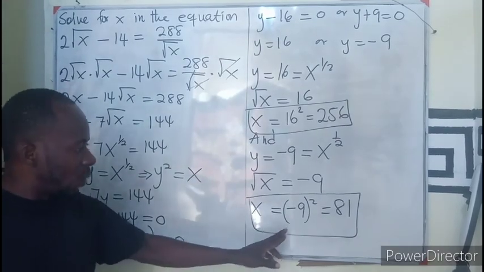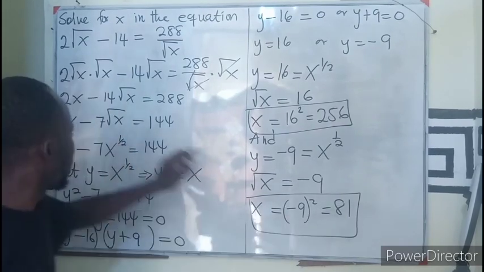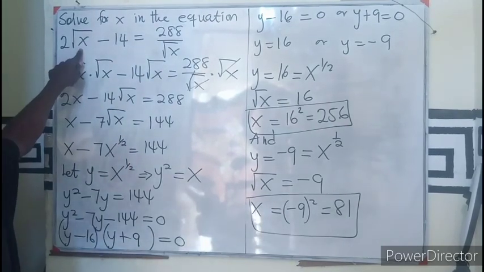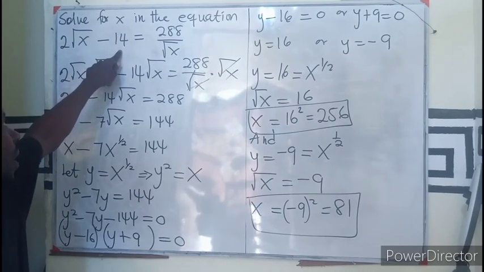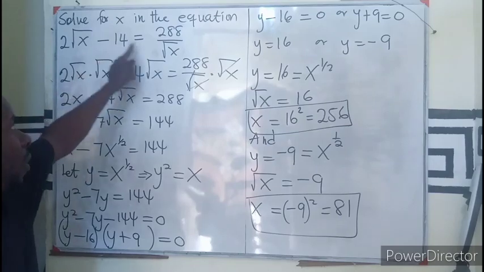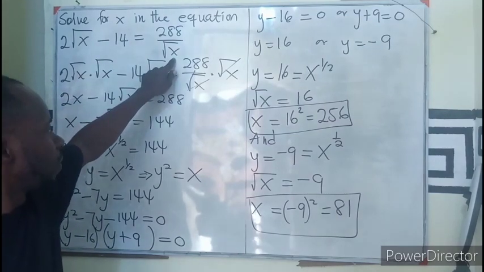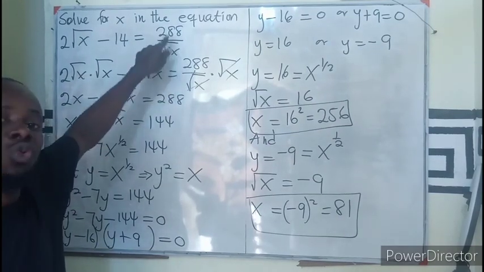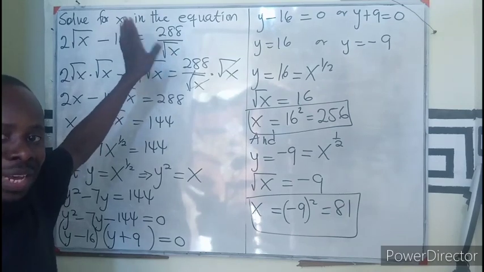So if we let our x equal 81, we know the root of 81 here will give us 9. 9 times 2 will be 18, and 18 minus 14 would have given you 4. Then if you put the 9 here, you will still get 32, which will not be correct.